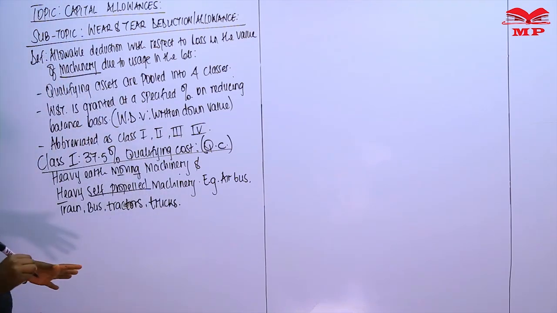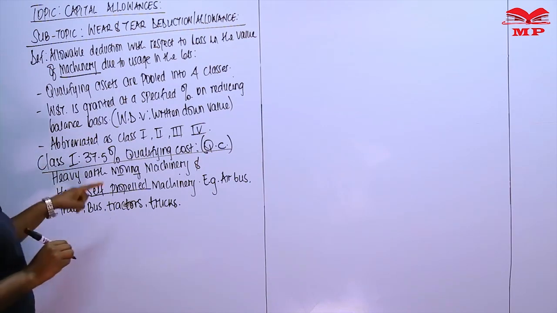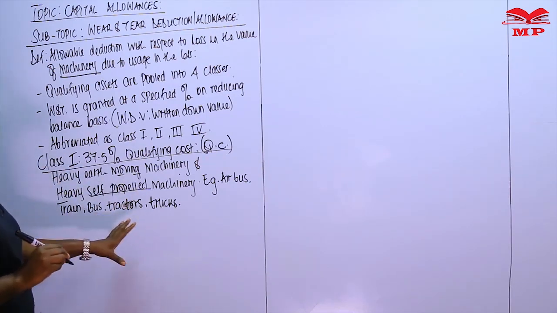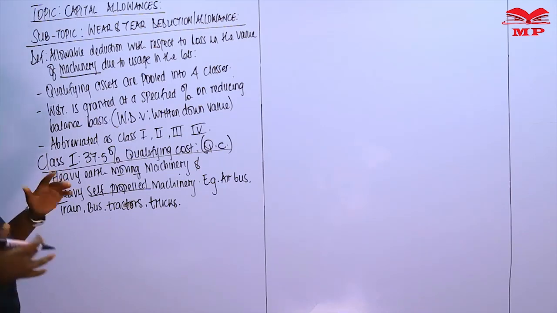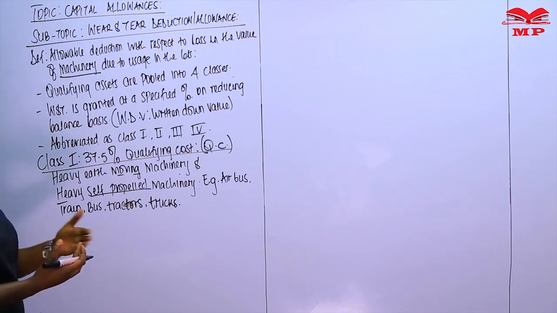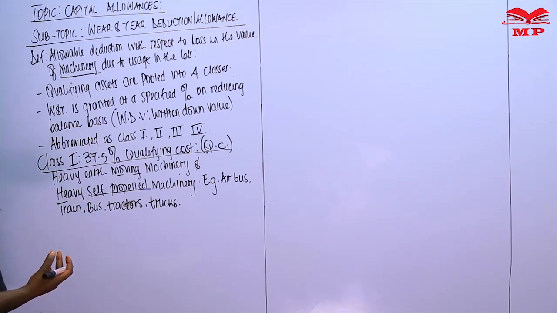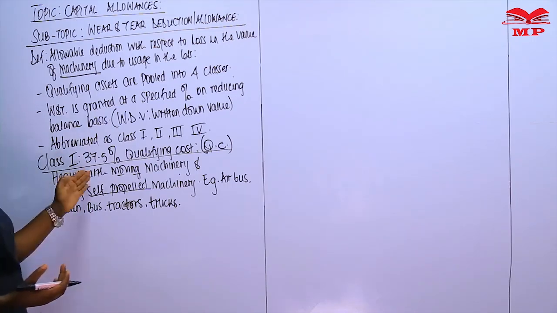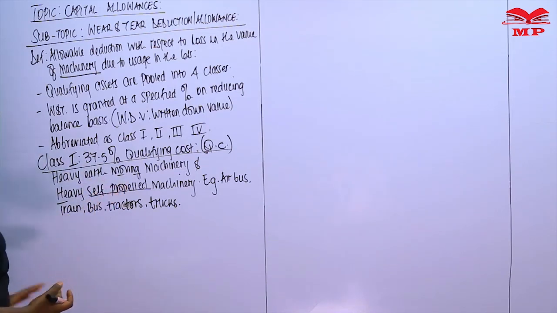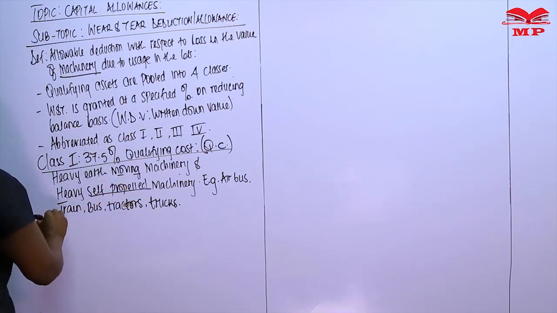So those are just examples. So heavy earth moving, heavy self-propelled machinery. You'll take the qualifying cost. Qualifying cost, we're going to define as the historical cost of that asset plus any incidental cost of acquisition, and you grant that at 37.5%.